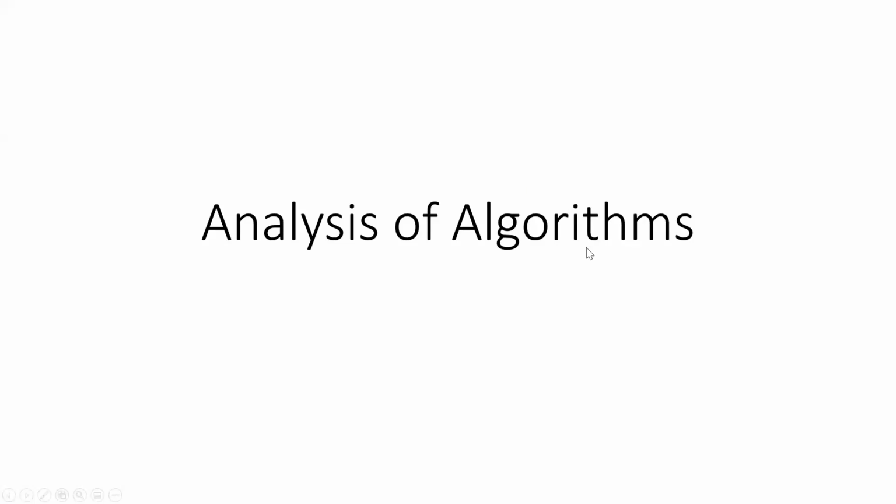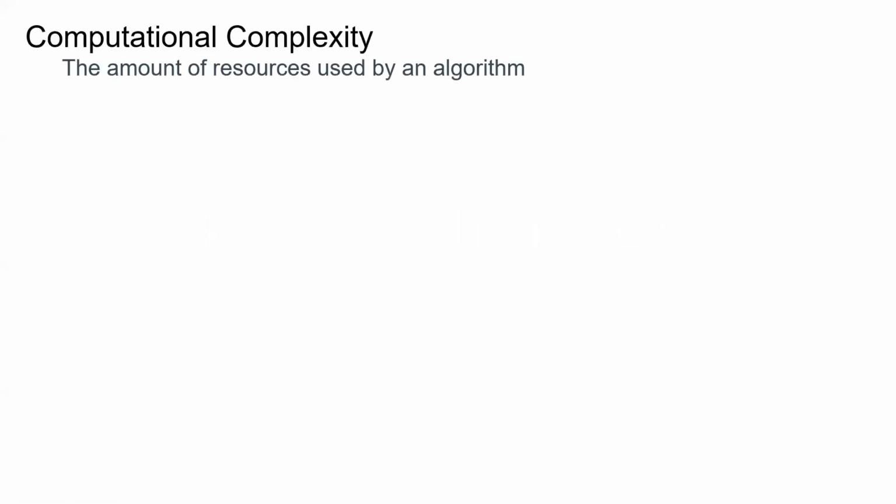Our ultimate desire is to be able to look at an algorithm and say, how complex is this algorithm? What's the complexity? Is this going to take a lot of time and a lot of memory to do? Keep that in mind. That's where we're going with it.